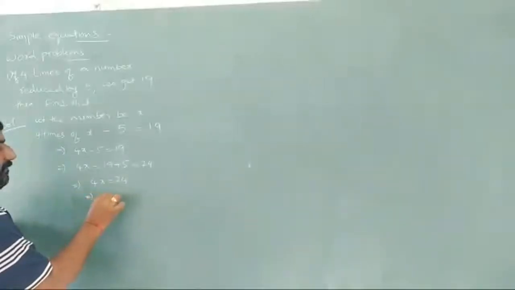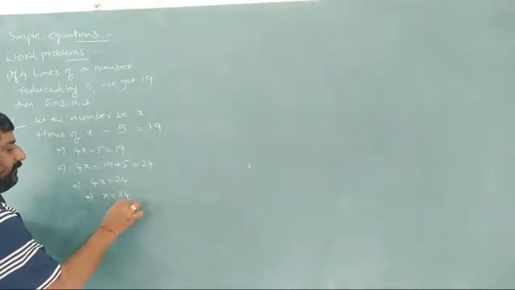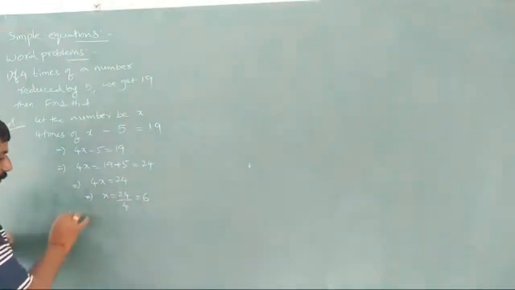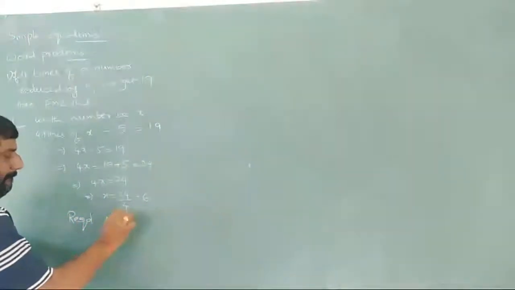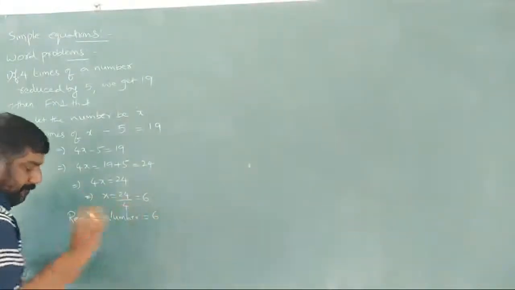So 4x is equal to 24, or else x is equal to 24 by 4, nothing but 6. So the required number is 6.